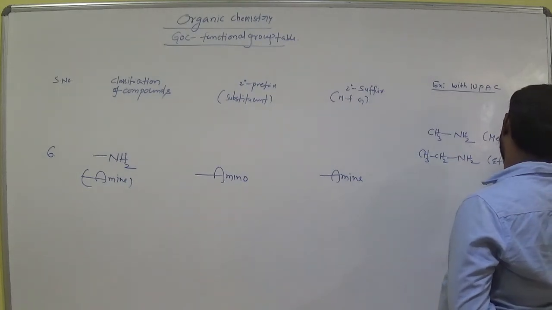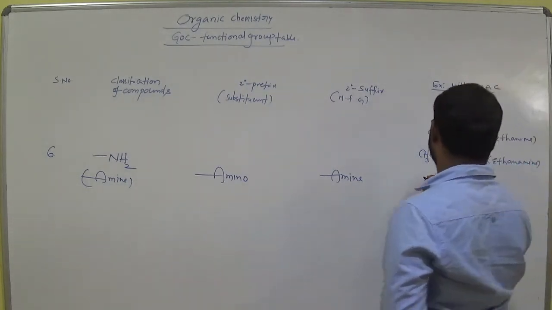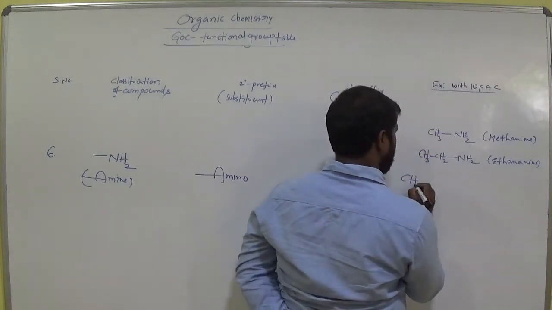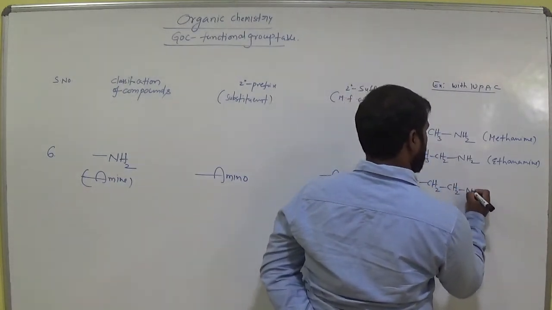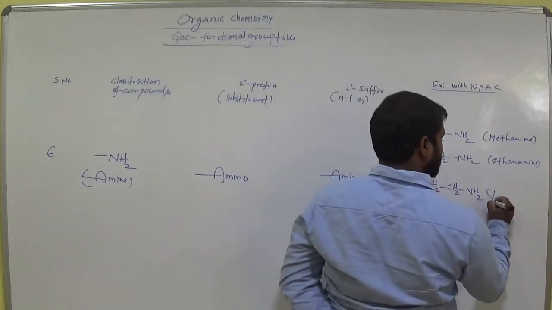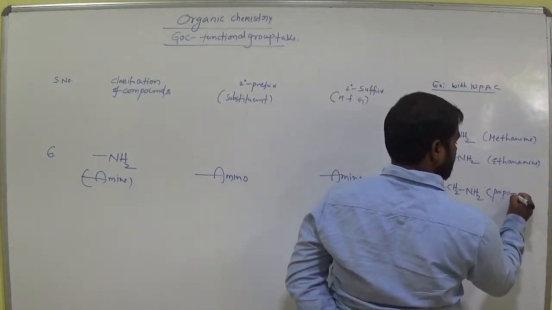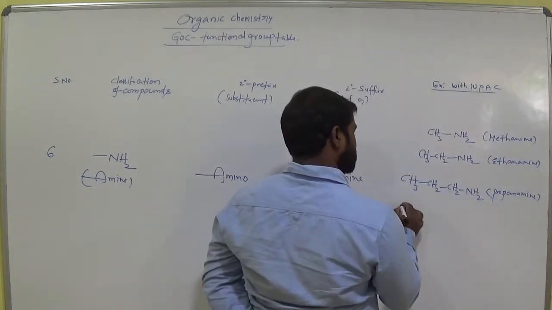So ethanamine. Okay. So what about this one? CH3 bond CH2 bond NH2. What about how many carbons? 3 carbons. So propanamine. Okay, propanamine.